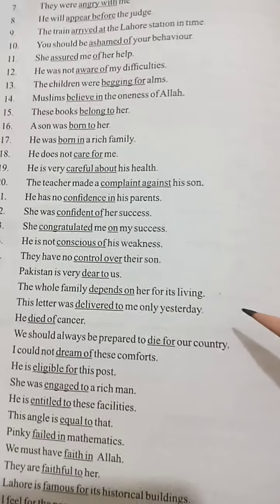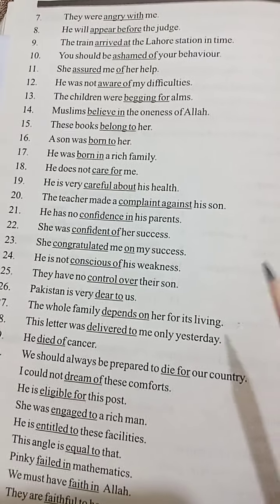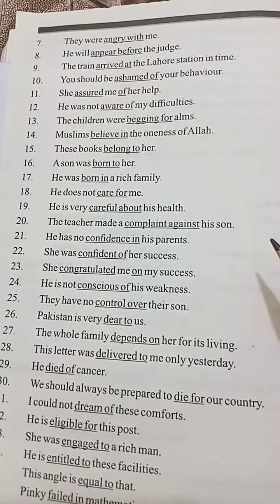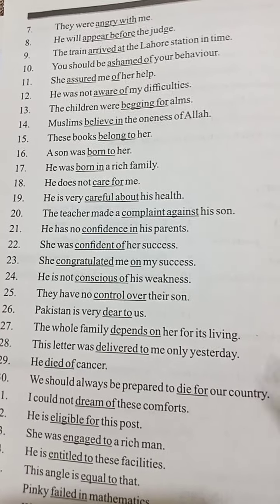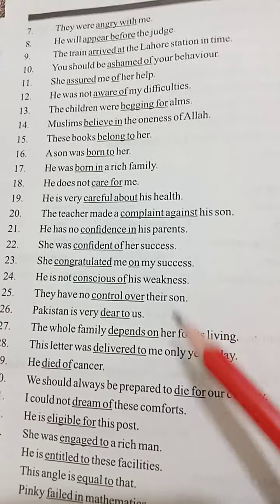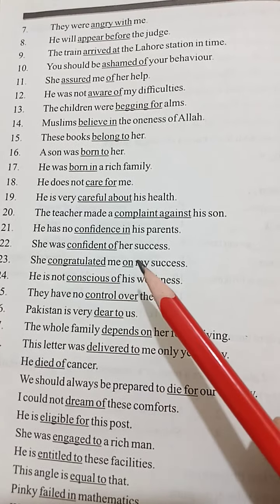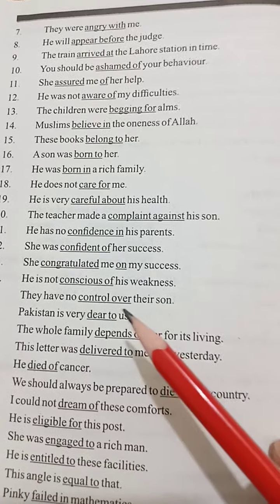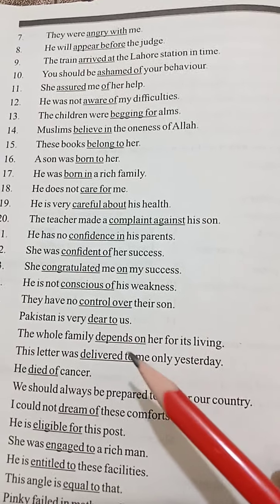And now look at page numbers 160, 161, 162, 163. All these pages are just examples of different sentences, and different types of combinations of prepositions are given here. You can learn what type of combination is given.